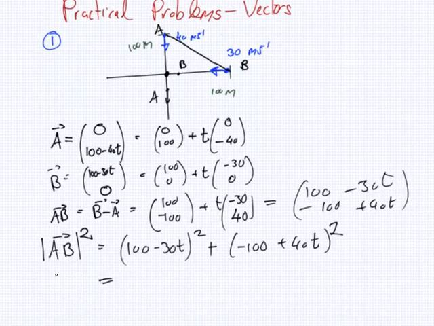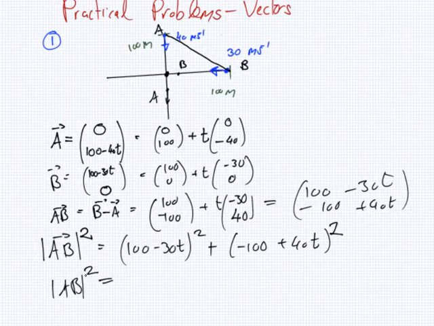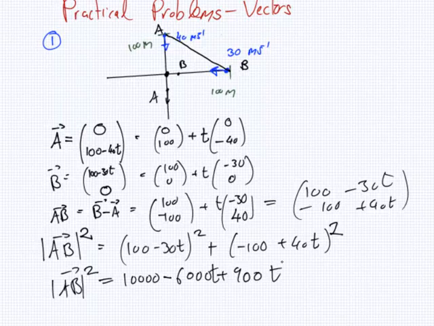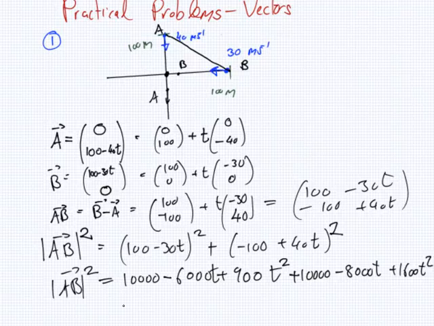So that's equal to, I have to expand this: 10000 minus 6000t plus 900t squared, plus 10000 minus 8000t plus 1600t squared, which equals 20,000.